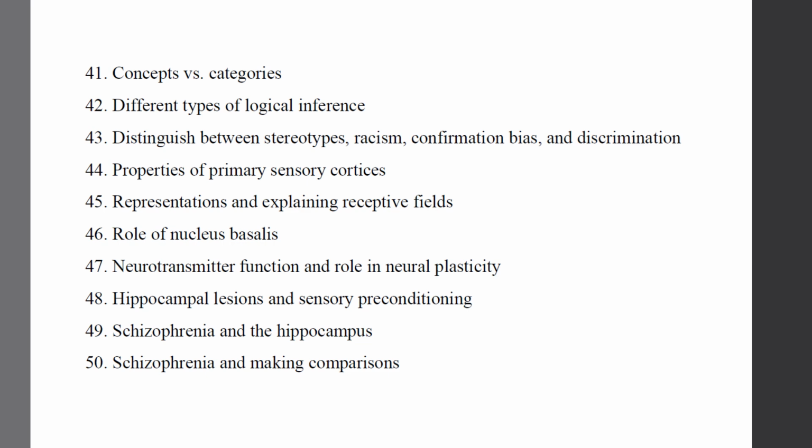Let's see, 45, representations and explaining receptive fields. Which type of representation works well for A1 neurons? A1 neurons, so primary auditory.